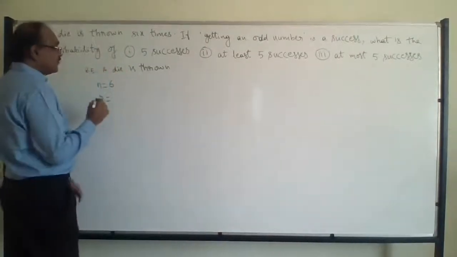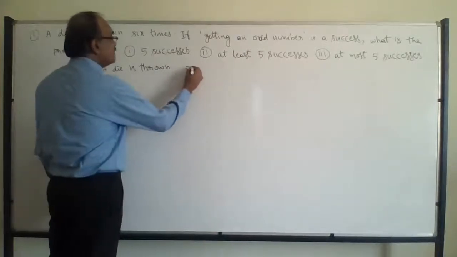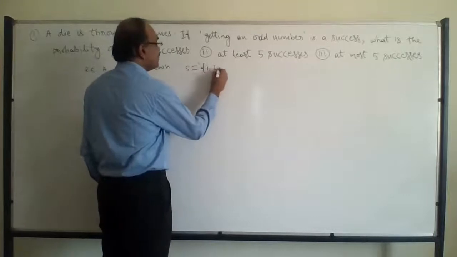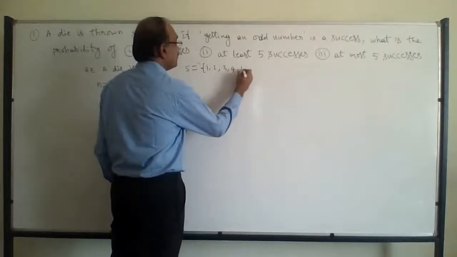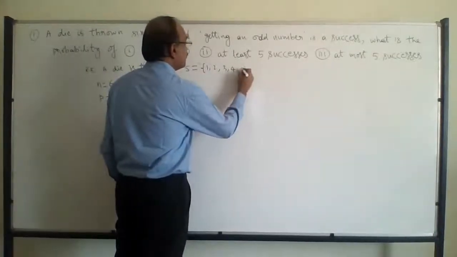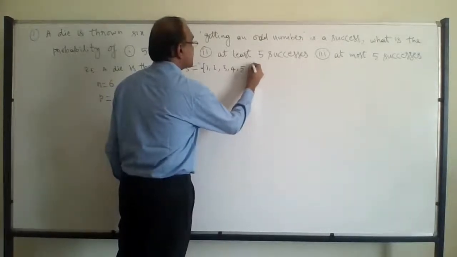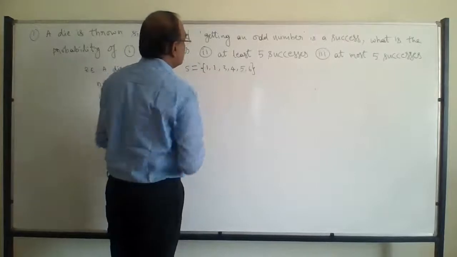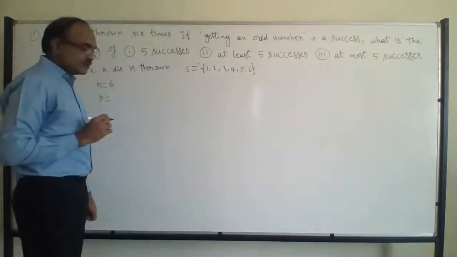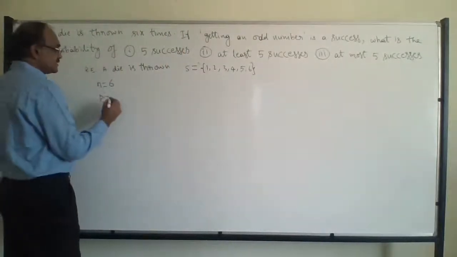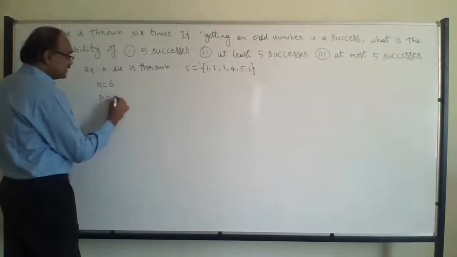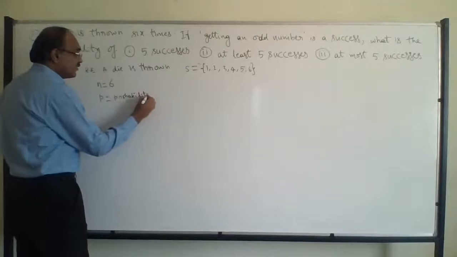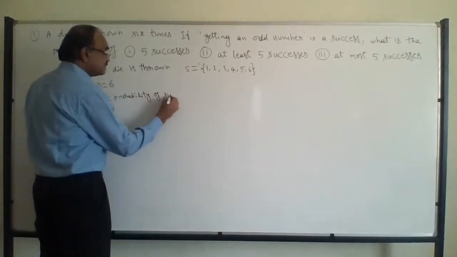If you write the sample space for this, your sample space is 1, 2, 3, 4, 5, and 6. Getting an odd number means 1, 3, 5. 3 are favorable for you. 3 out of 6. So P, probability of success.